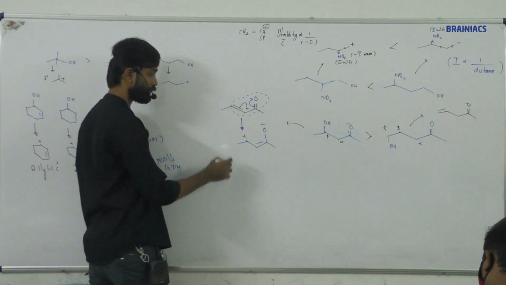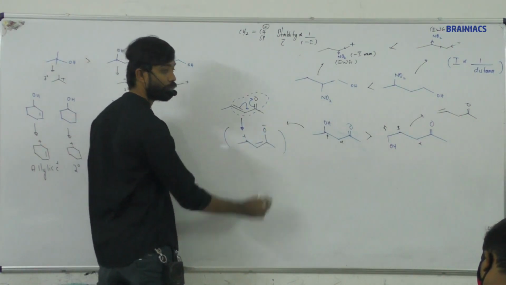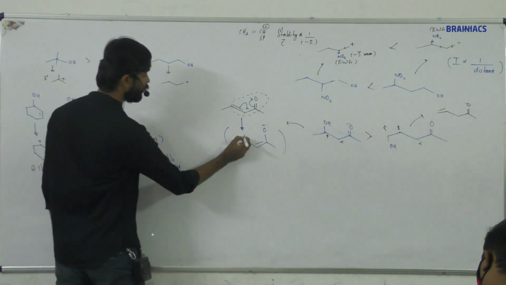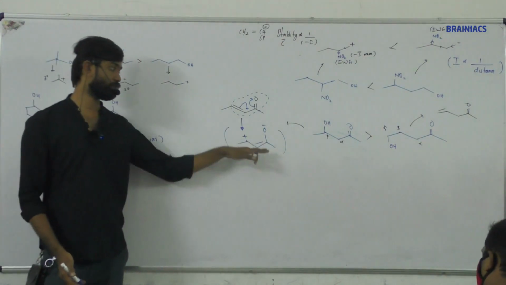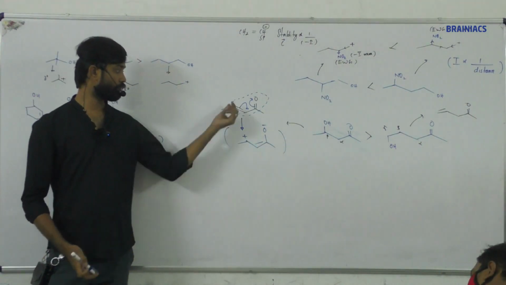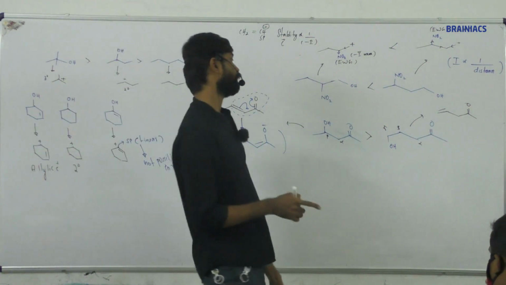There is a resonance where the negative charge is on oxygen. That's extra stable, because this bond is in conjugation. So you have to keep that in mind.